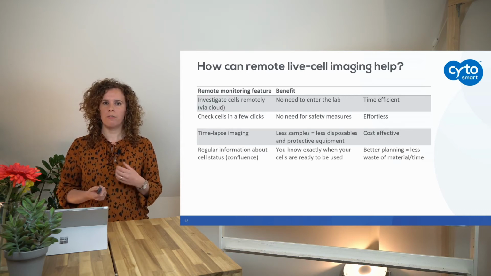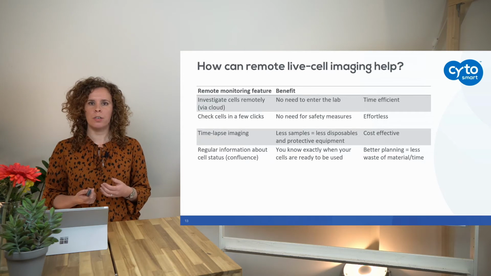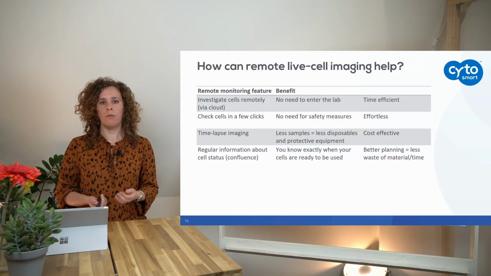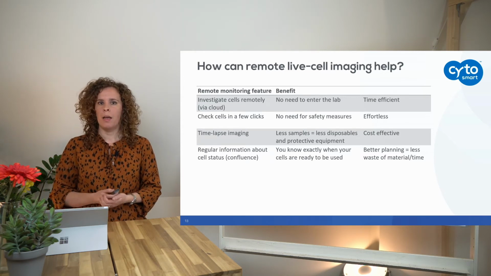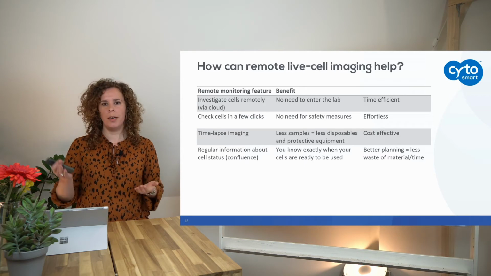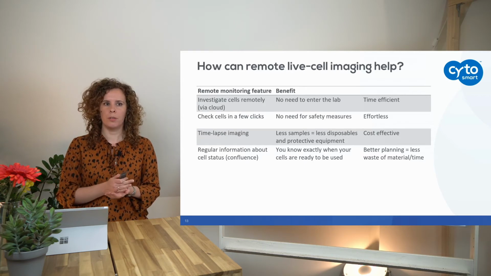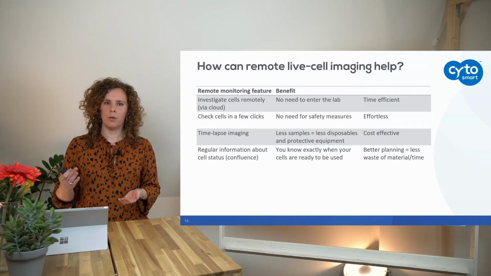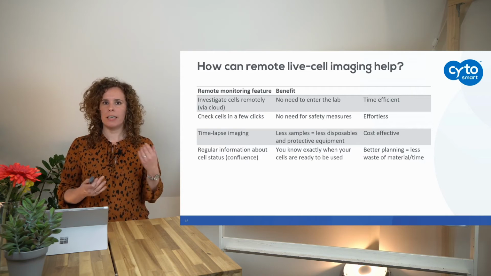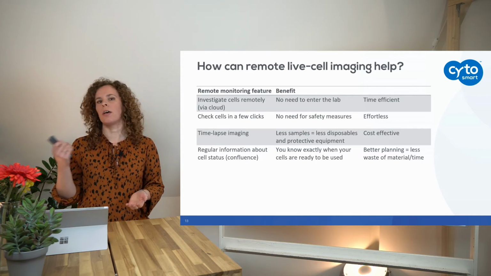Next to this, you get regular information about the cell status, especially when you're using the confluence algorithm, for example. And when you know exactly when your cells are ready for your experiment, you can also plan your experiment better and have less waste of your materials and also your time.